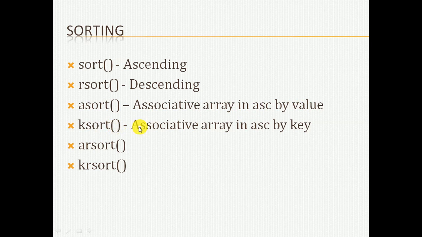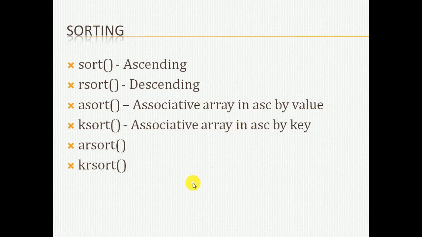Then ksort sorts the associative array in ascending order by key and not value. Arsort sorts the associative array in descending order by value, and then krsort sorts the associative array in descending order by key.